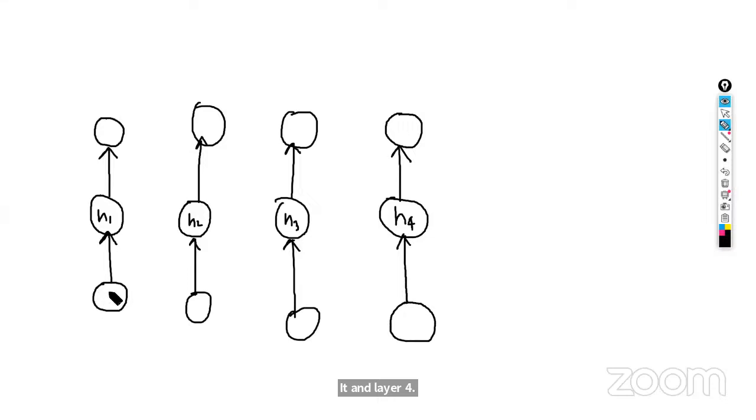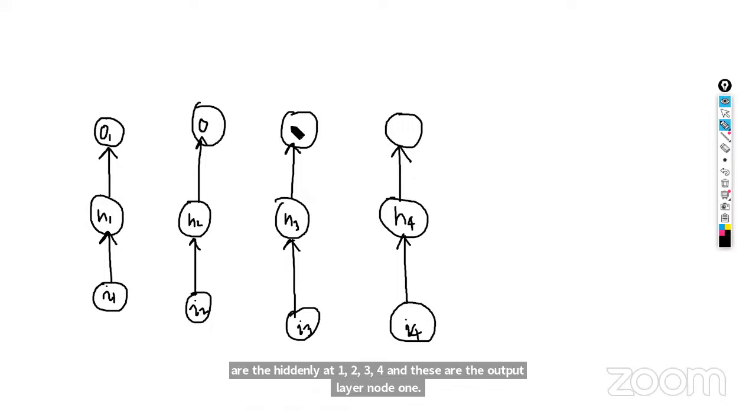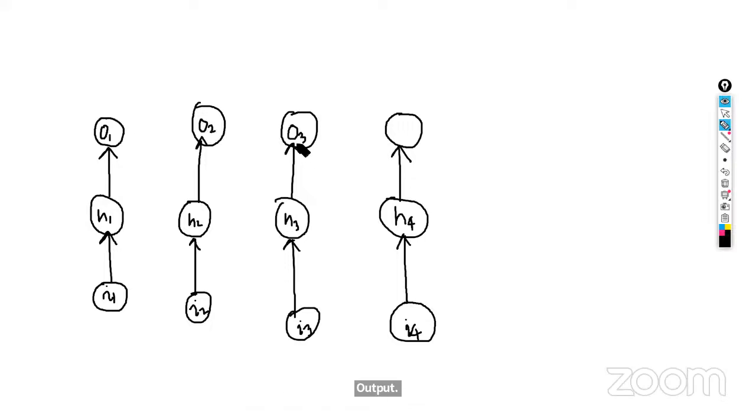So these are input one, input two, input three, input four. These are hidden layers 1, 2, 3, 4, and these are output layer node 1, output layer node 2, output layer node 3, and output node 4.